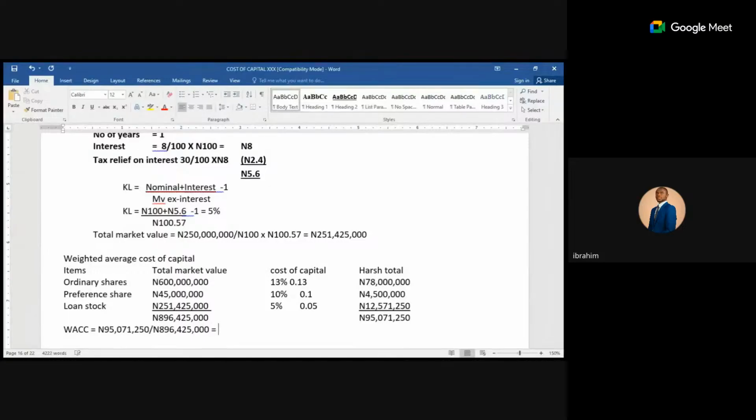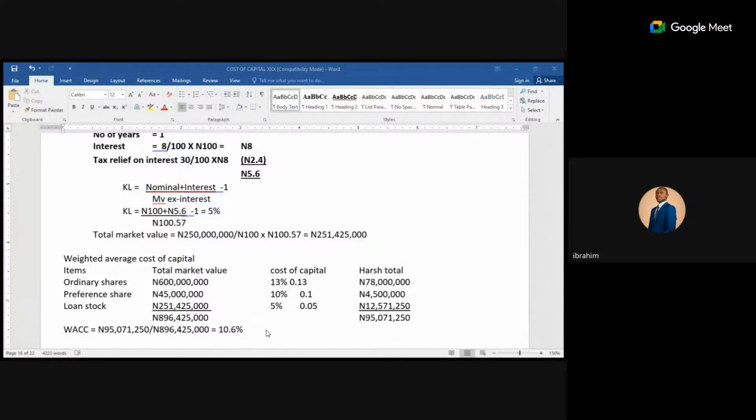What do you have? We have 10.6%. 10.6% is our weighted average cost of capital.